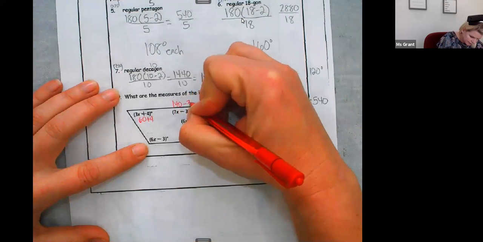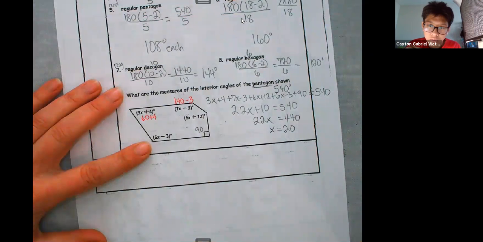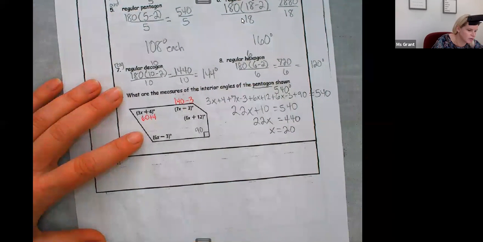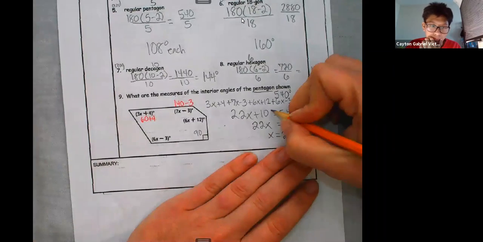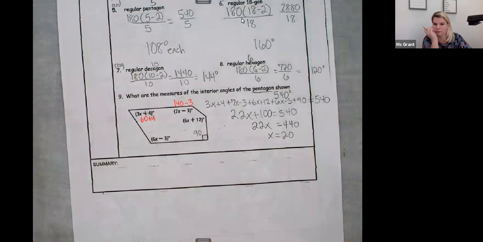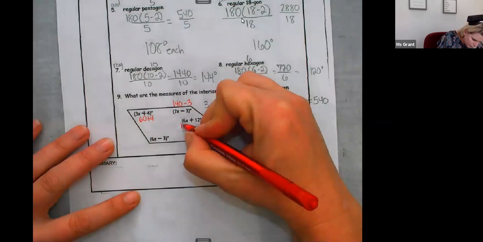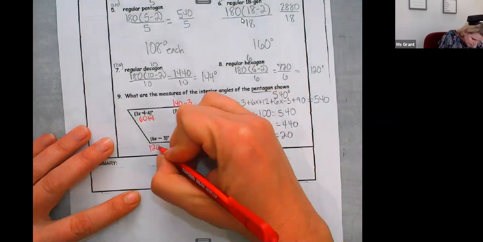140 minus 3. Miss Grant, how did you get 440? I subtracted 530. No, it's 100 because it's 100. He misspoke. It's 100. Sorry. It's not 10, it's 100. 120 plus 12. 120 minus 3.